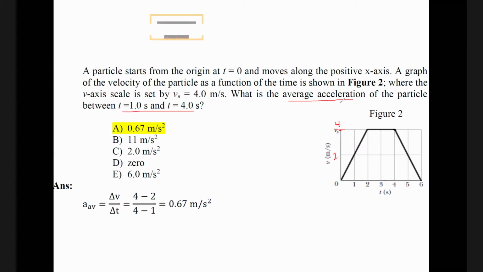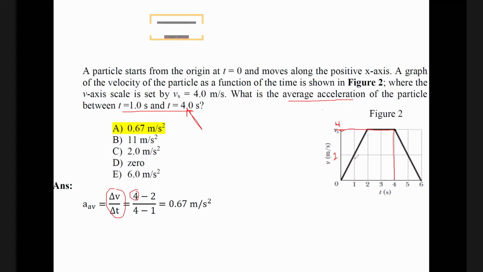So what is the average acceleration? What is the definition of average acceleration? Delta v over delta t, or v final minus v initial. What is v final at 4? This is v versus t, so I don't need to take any slope. Here is the v at 4, which is 4, minus v at 1.